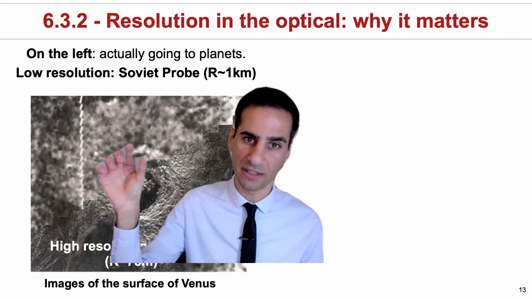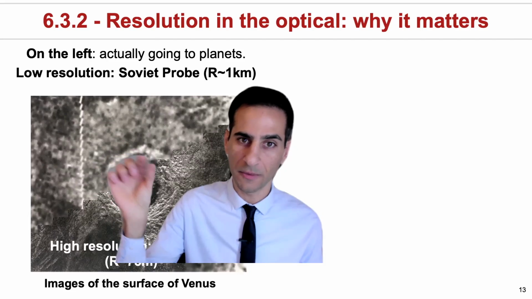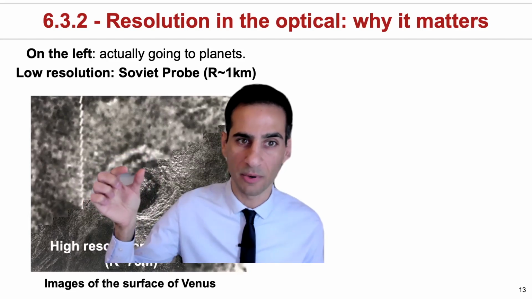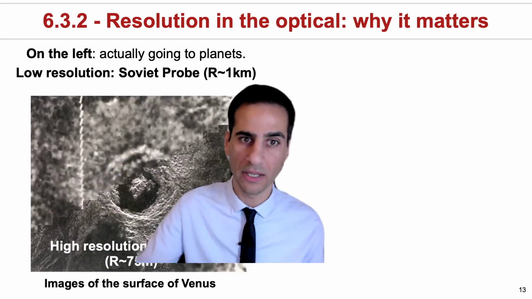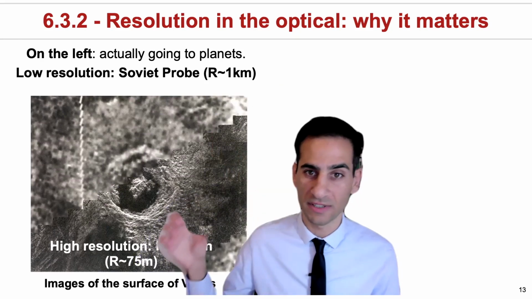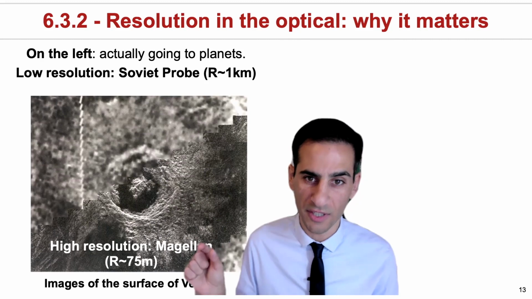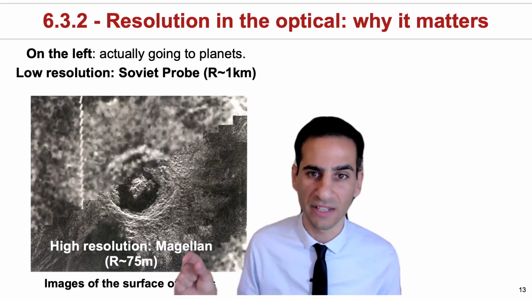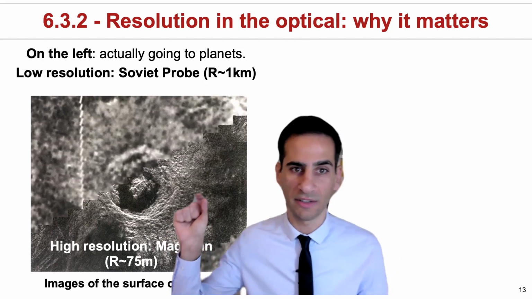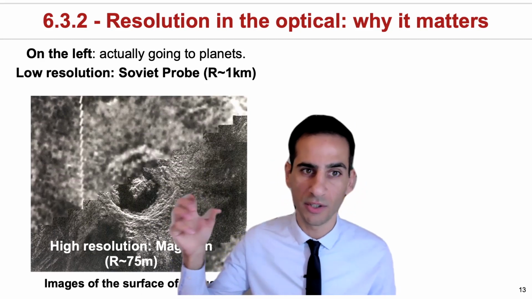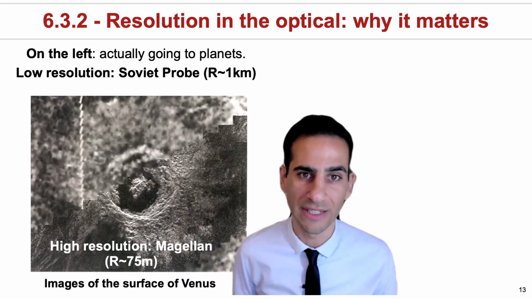It means anything that is not at least 1 kilometer apart, you will see as a single pixel. You won't be able to distinguish it, versus imaging with a much higher resolution instrument that allows you to distinguish things down to something like 75 meters. And you can definitely see the huge difference in resolution and detail.